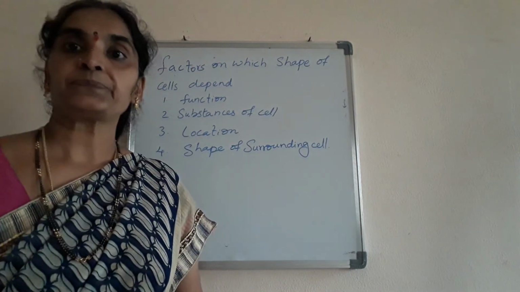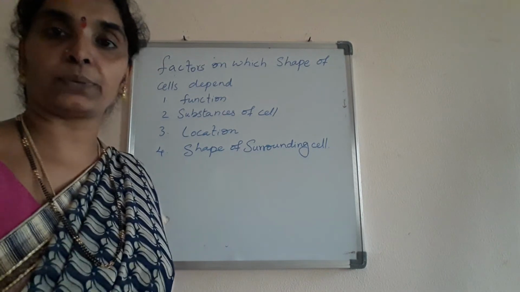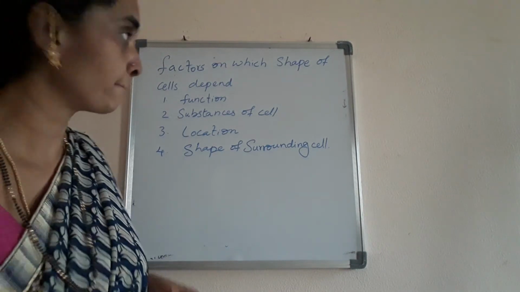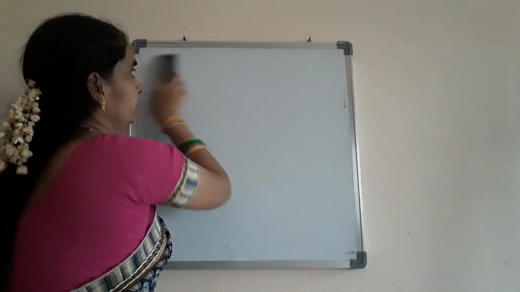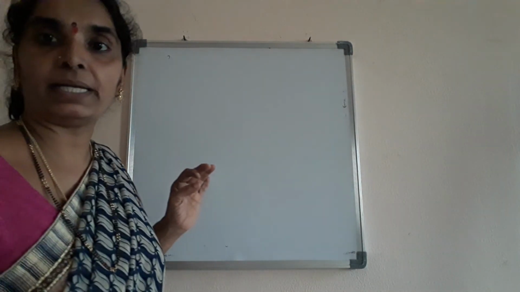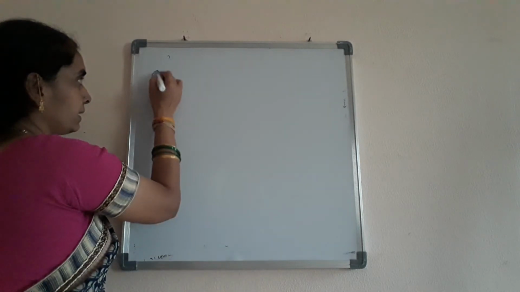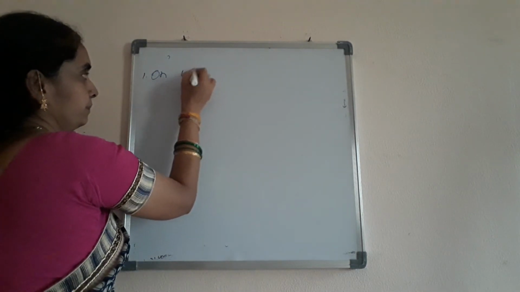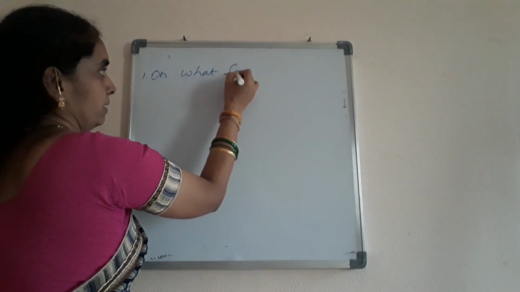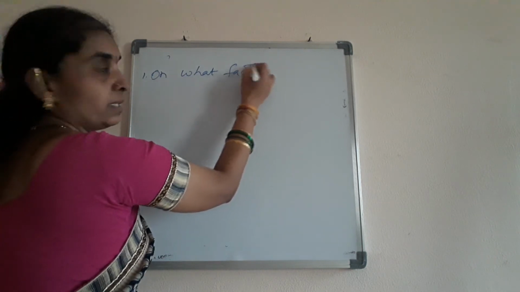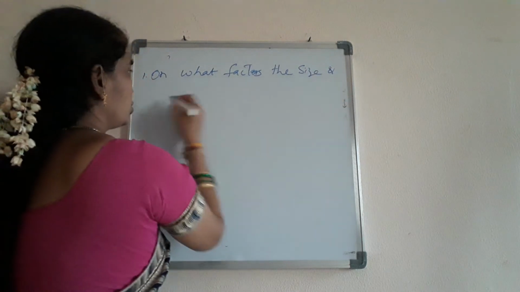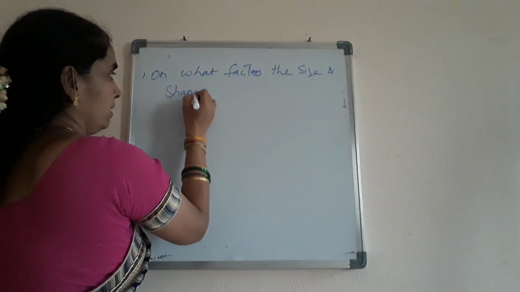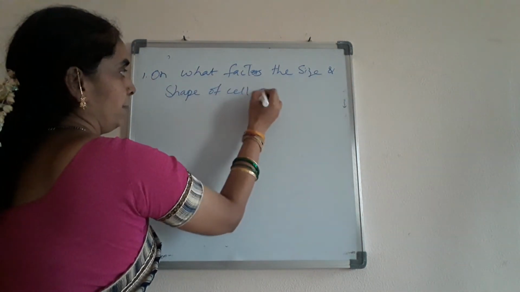Okay, children, now write down the questions. First, on what factors do the size and shape of a cell depend?